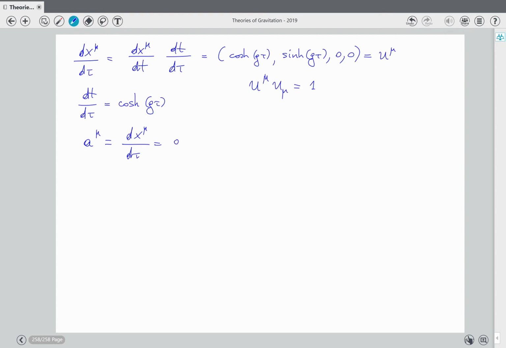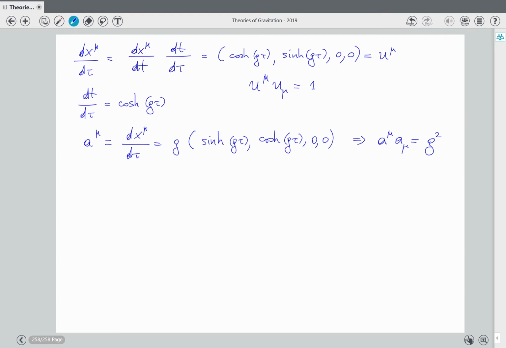The derivative brings out a g, and for the rest we have hyperbolic sine, hyperbolic cosine, 0, 0, which implies this identity, that the 4 vector squared is constant. And the constant is the acceleration squared.